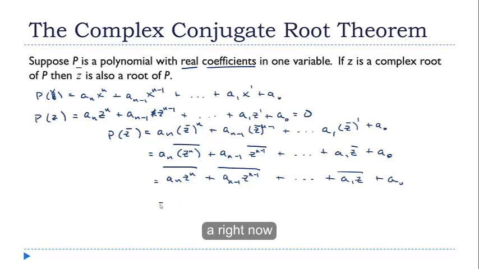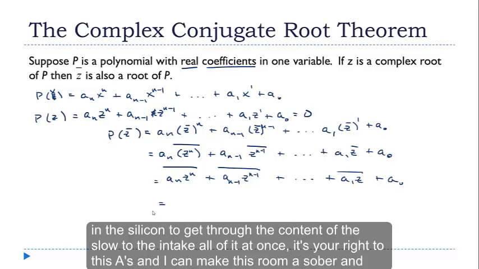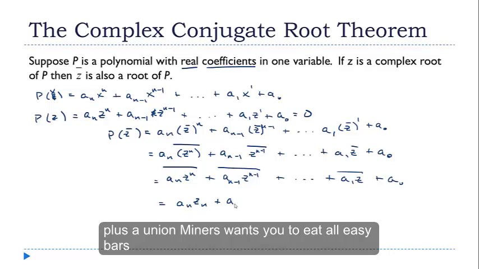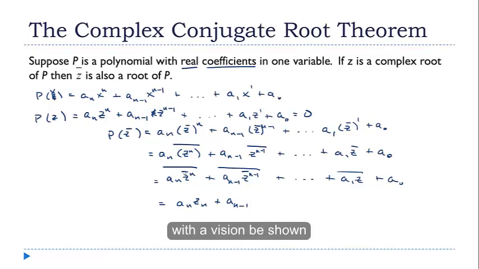Now I'm going to apply Theorem 2. That's the one that said the sum of the conjugates is the conjugate of the sum. I'm just adding up a bunch of conjugates here, right? So this says that I can make this a_n z to the n plus a_(n minus 1) z to the n minus 1 plus so on down to a_1 z. Excuse me, these should all be z bars. Whoops, no they shouldn't.